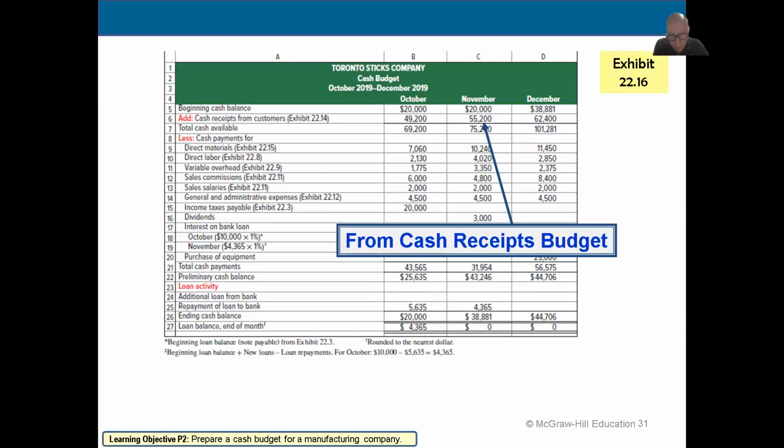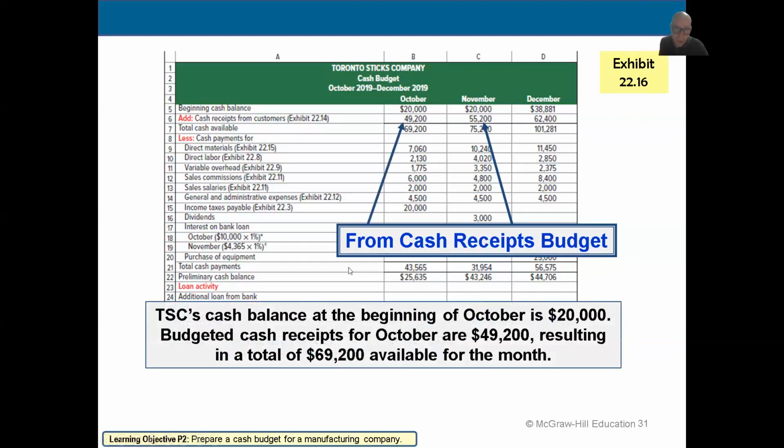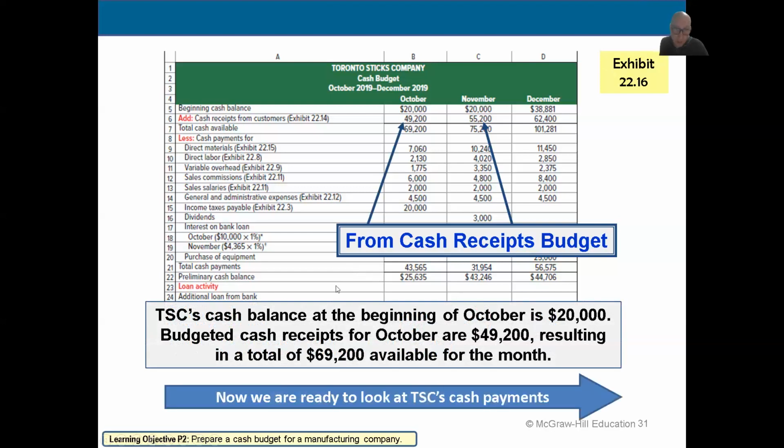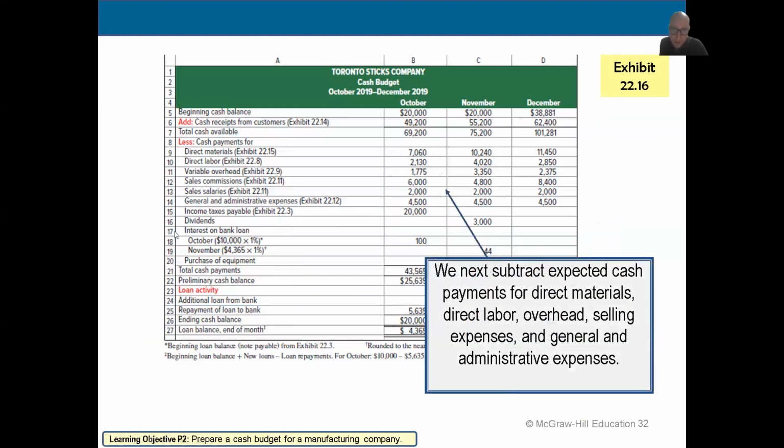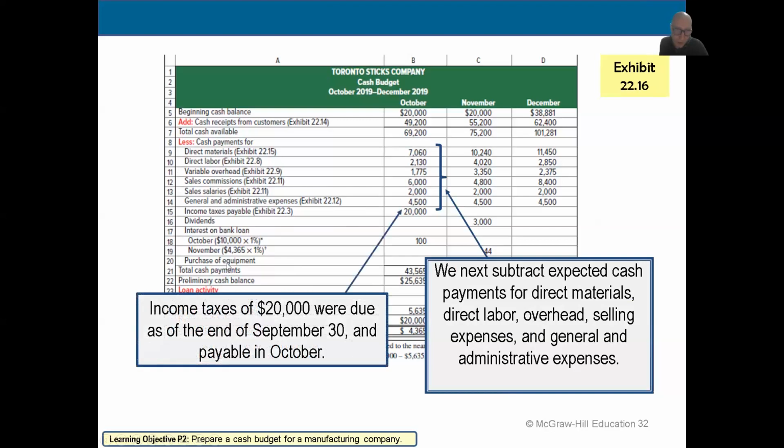Then any type of loan activity, if we need to borrow or pay back, etc. Again, having these types of budgets is really important for both the business and for personal life as well. That's why budgeting is so important. It's just going through all the steps that we just talked about.